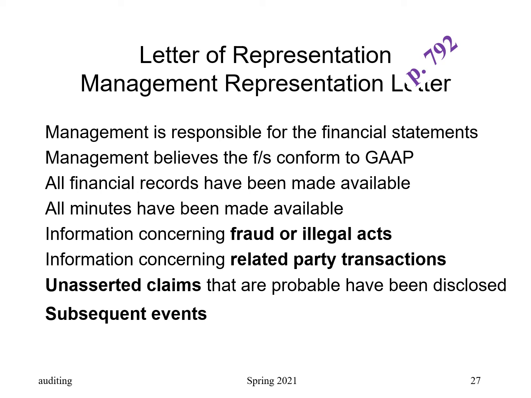And any subsequent events about which the client knows, they've told the auditor. So you don't have to memorize it, but this is the type of thing that goes into the letter of representation or the management rep letter. You'll hear people call it the letter of representation. You'll hear people call it the management rep letter. It's the same thing.